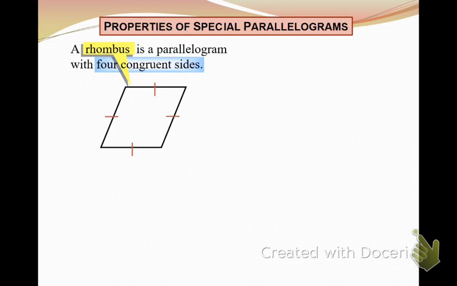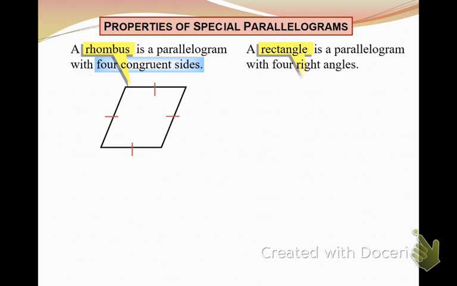George, can you name the second property of a parallelogram? Opposite angles are congruent. Gabby, do you have the third? Consecutive angles are supplementary. And Abby, you have the fourth. Diagonals bisect each other. So a rhombus has all of those properties as well as it has 4 congruent sides.